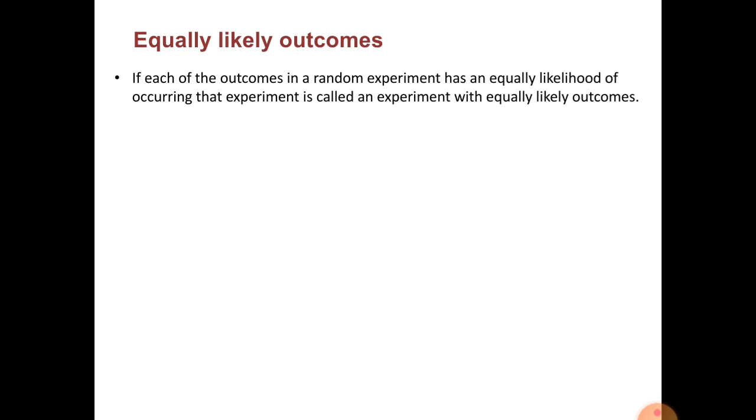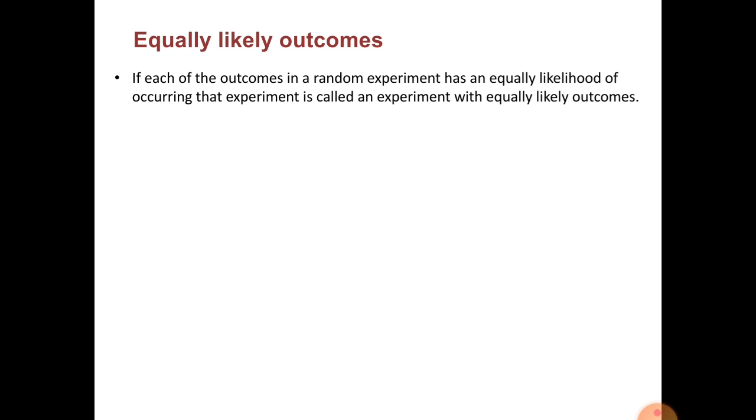Okay, let us learn what is equally likely outcomes. If each of the outcomes in a random experiment has an equal likelihood of occurring, that experiment is called an experiment with equally likely outcomes.